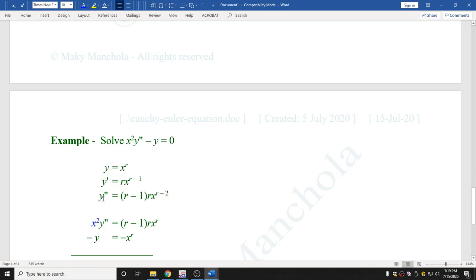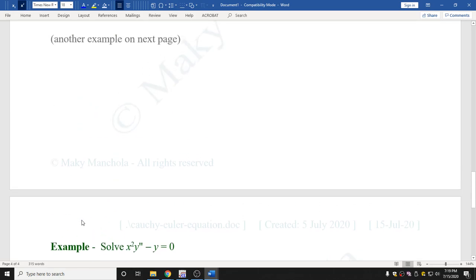So when I multiply y double prime by x squared, I end up with r minus 1, r x to the r. Now I'm subtracting y, so that's the same as subtracting x to the r.